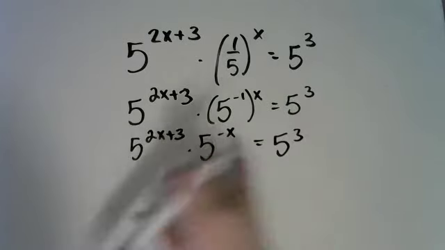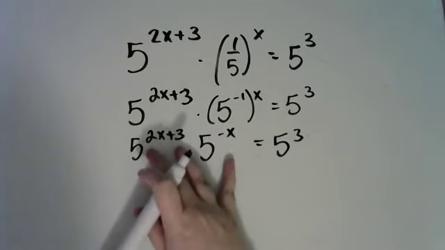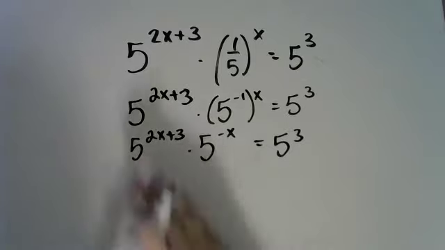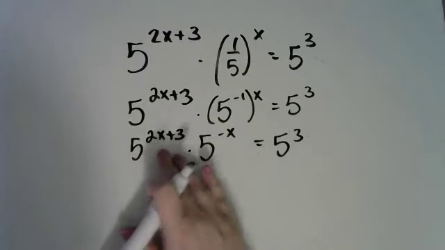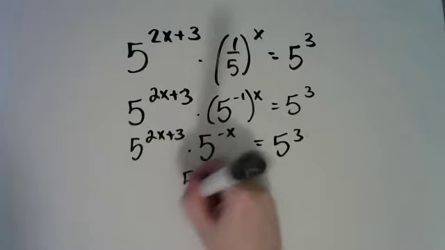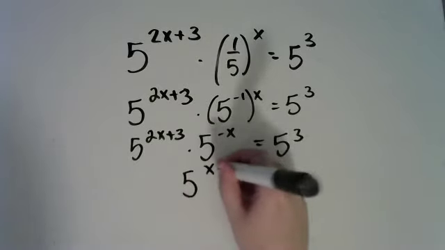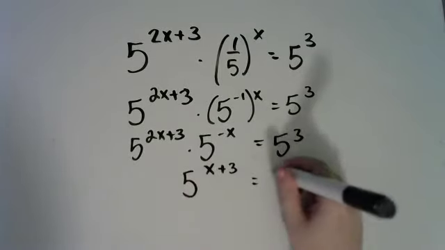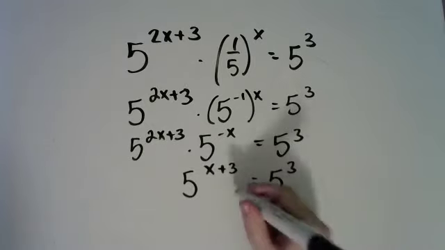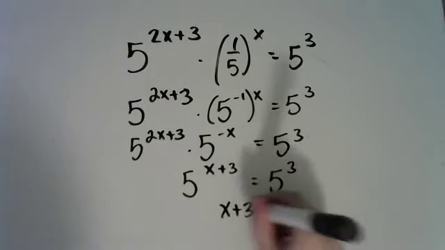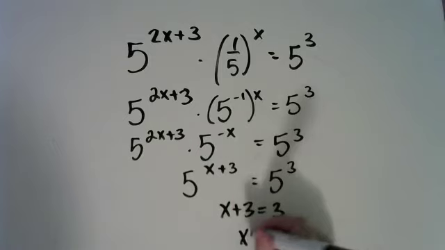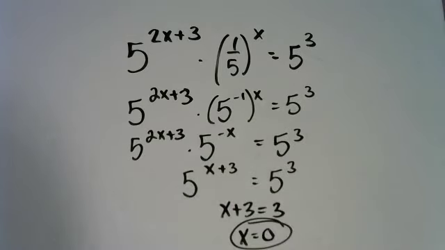Then we're going to add the exponents according to the product rule. So 2x plus 3 combined with a negative x is going to leave me with 1x plus 3. And we're going to set it equal to each other. X plus 3 equals 3, x equals 0.